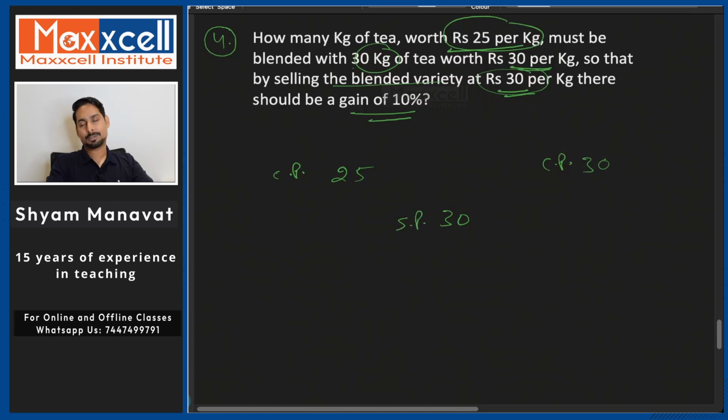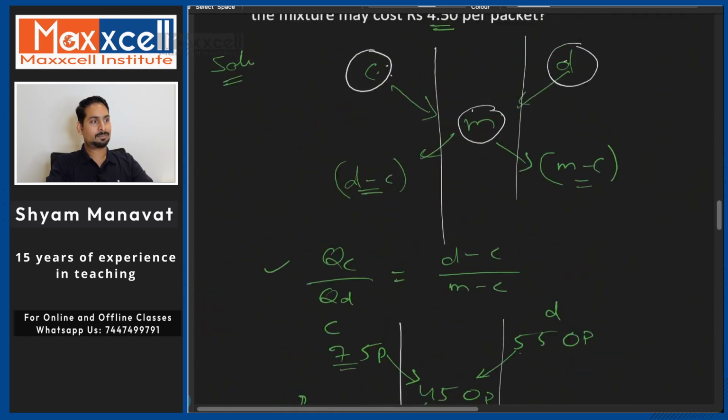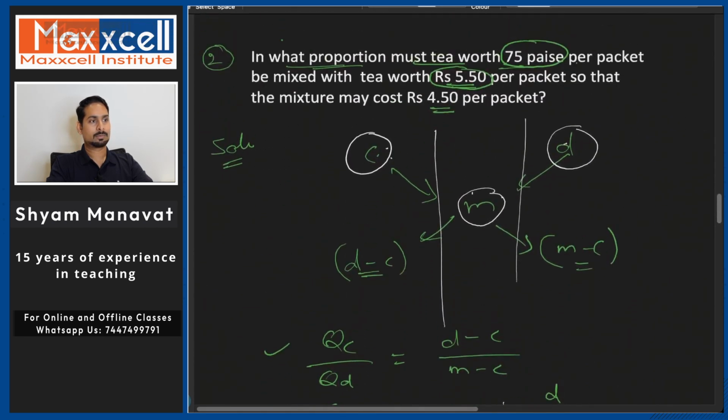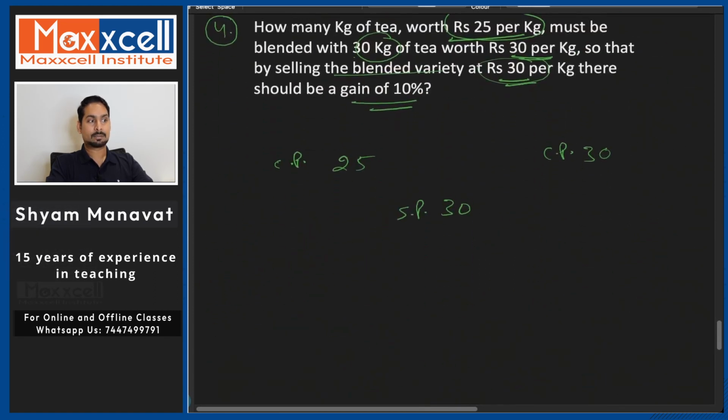Are they in the same units? Tell me, isn't it the same which we have learned in question number 2? 75 paisa, 5.5 rupees, different units, right? Here this is cost price, this is cost price, and this is selling price. They are not in the same form.